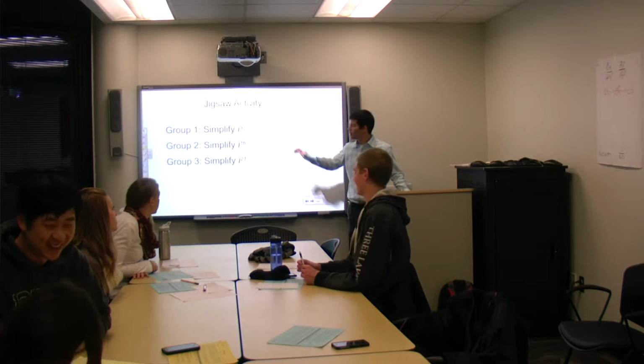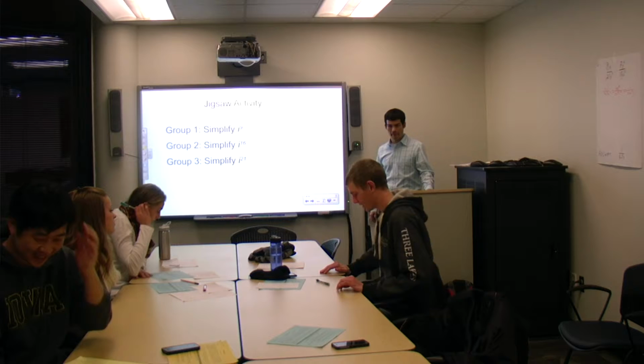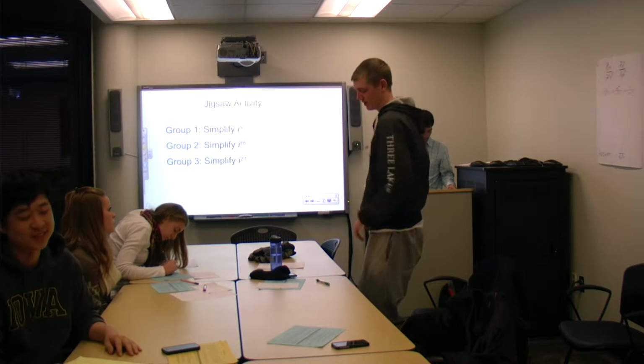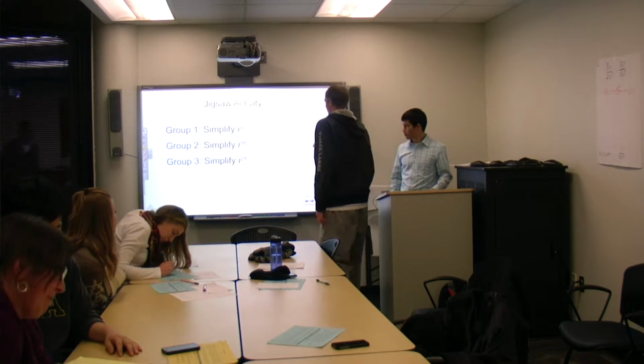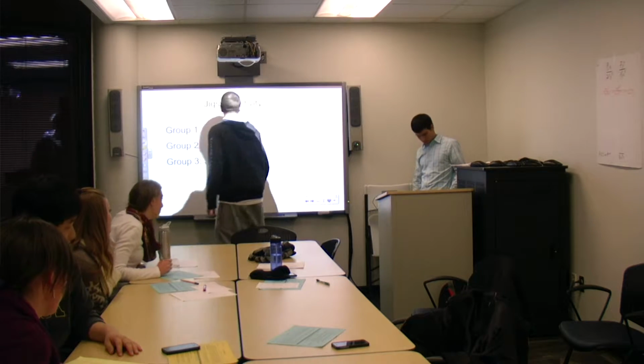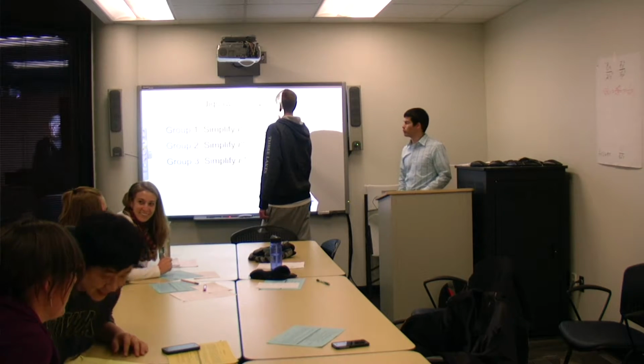Come up and show us how you did i to the 9. Because we knew i to the 4th was 1, so then we just do 1 to the 4th.